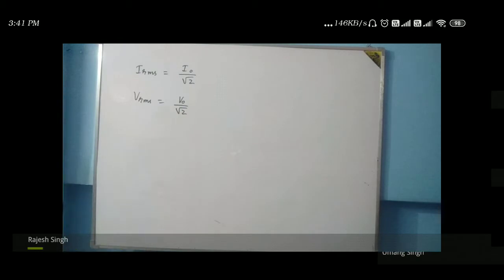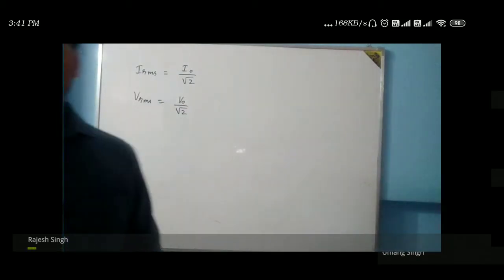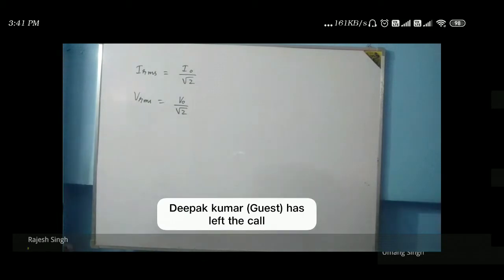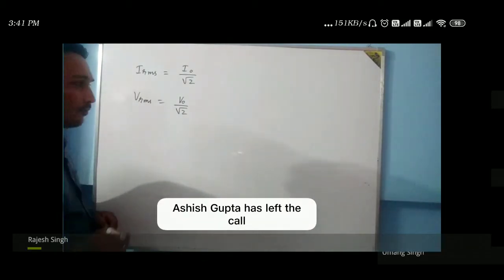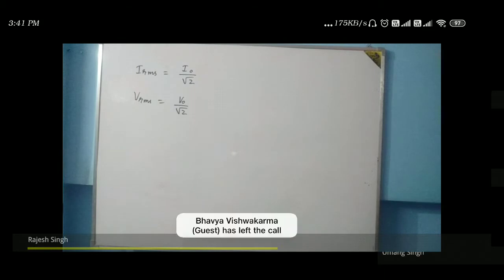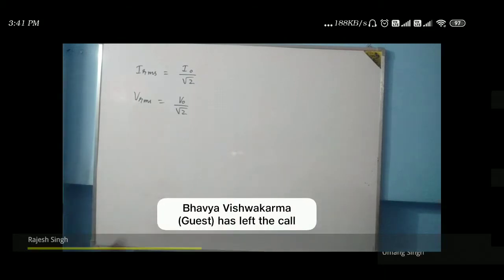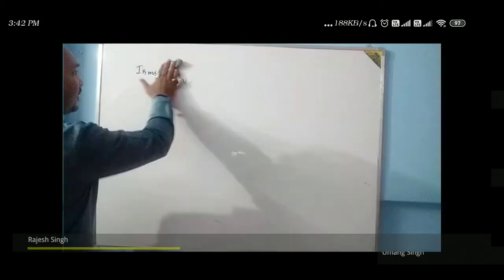Okay, so V_RMS is equal to V naught upon root 2. Now just try to understand. Today we are going to study a new topic, a new way of dealing with current, and that is called the phasor diagram.